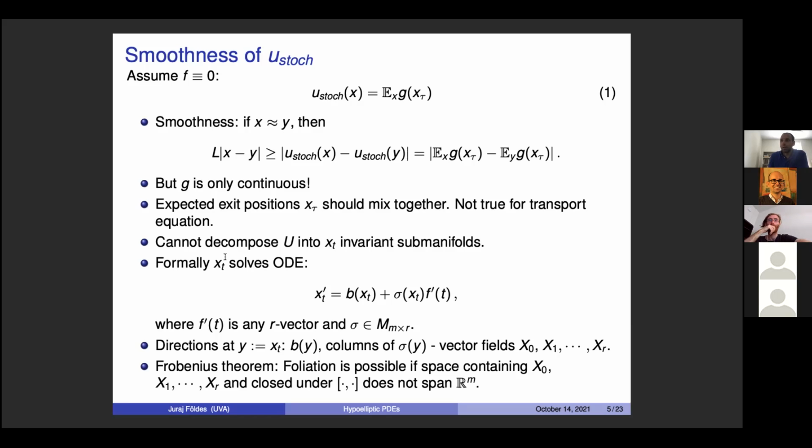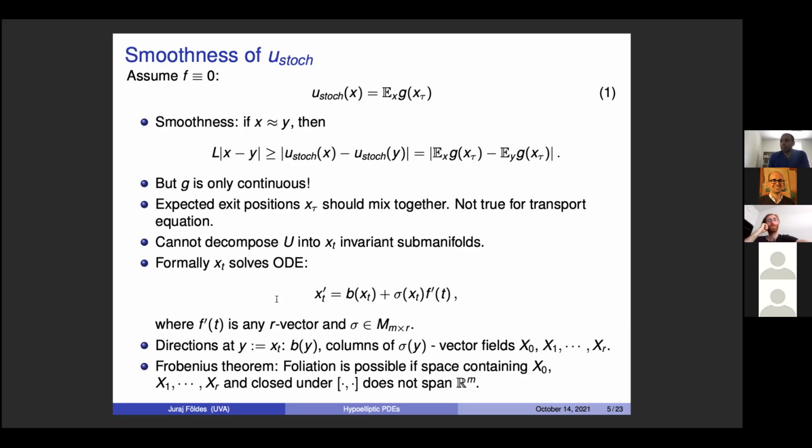So in particular, we cannot be able to decompose our domain into invariant submanifolds where the stochastic process is living in one submanifold. If it starts on that one and then it's running on a different submanifold, because they're not mixing, then there's no hope to have any smoothness. So you see, without diffusion, there is no smoothness, and this is a stochastic representation of that.